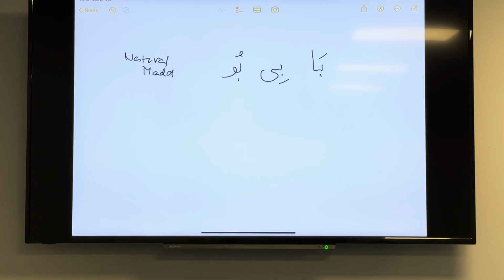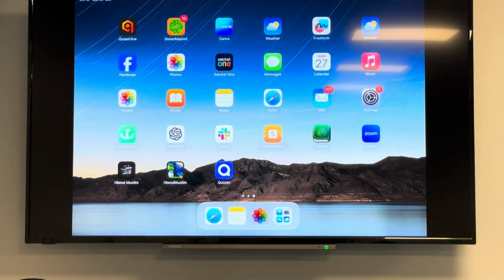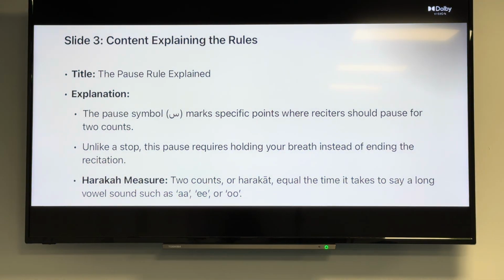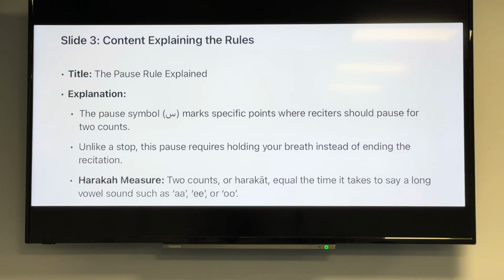With ya, a kasra. With waw, a dhamma. So it's ba, bi, bu. Now, when it comes to stretching using this particular pause symbol, we will hold it for 2 counts.